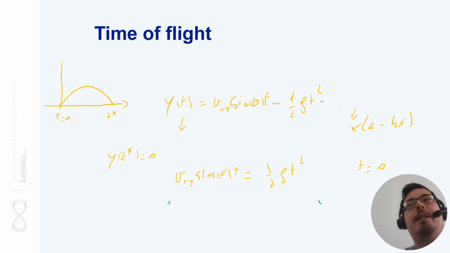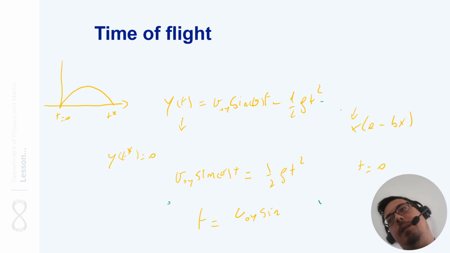But we want to find the second solution, which is t star, which we get when we solve for t, and then we have t equals v0 sine theta divided by g.